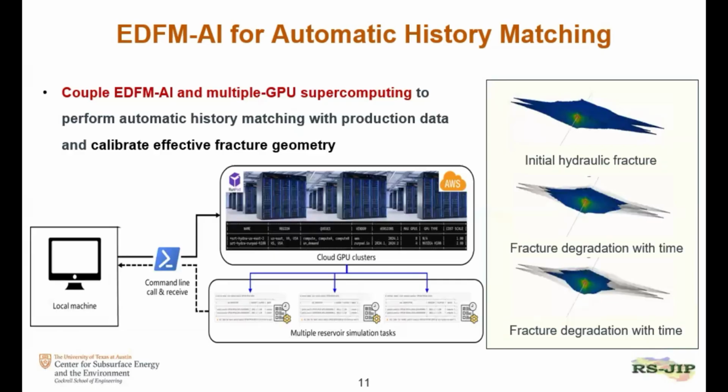And this is a degradation based on the proppant concentration. So we are currently also working on improving the ZFRAC model to better quantify what the proppant concentration distributed in the hydraulic fractures is.